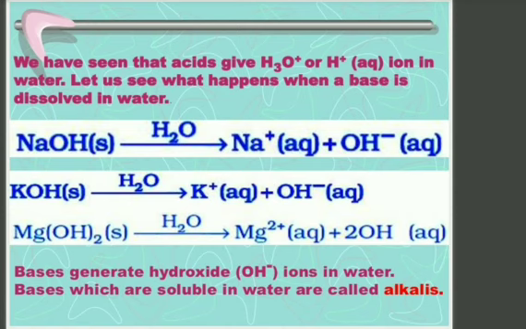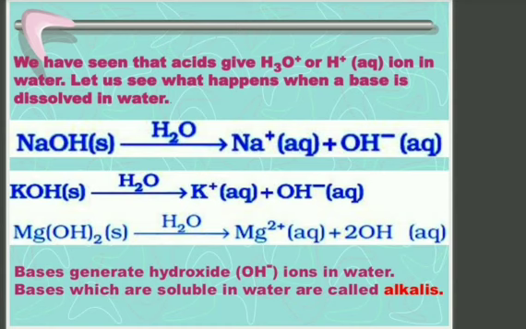KOH is also a very strong base. When it dissociates, it will give K+ ions plus OH- ions. Mg(OH)2, magnesium hydroxide, will also give Mg2+ along with OH-.